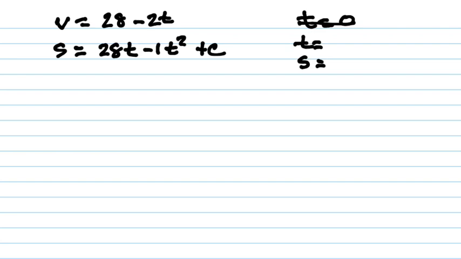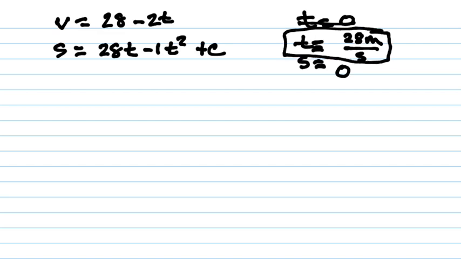So if it's traveling at that speed already, then we have a distance that's slightly different this time. Is our distance 0? No, our time is going to be 28 meters per second. And at maximum velocity, just go ahead and assume that's a 0. Our time is very different here because we're already moving.